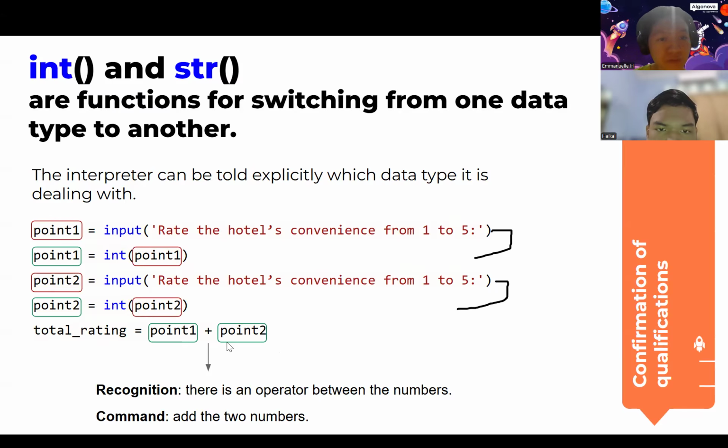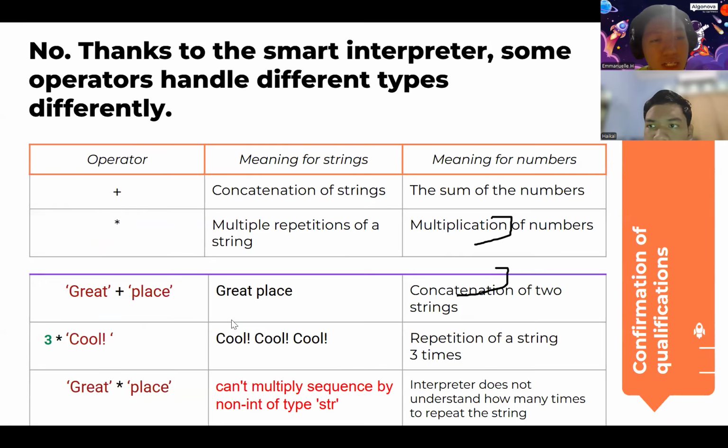Okay. And also we learned about operators, plus and the star. Asterisk we call multiplication in programming. So plus for strings is for concatenation, menggabungkan. And for numbers it is for sum, like a mathematical operation. For asterisk, if it's a string, it will be a multiple repetition.